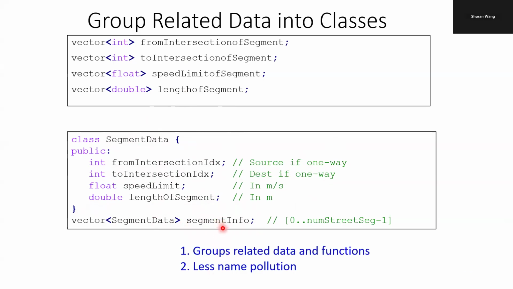So there's less name pollution. And if you need to access any one of those, you just say segment info, index, dot from intersection index. So it doesn't take more time to access anything. It's just a better way of writing the code.